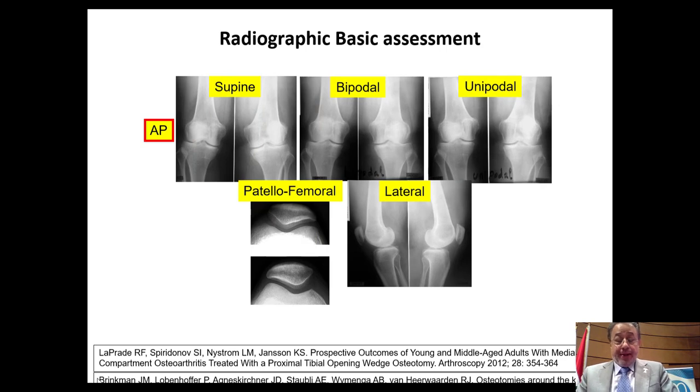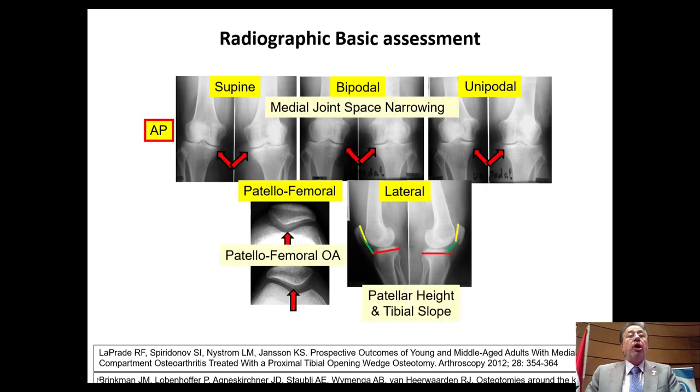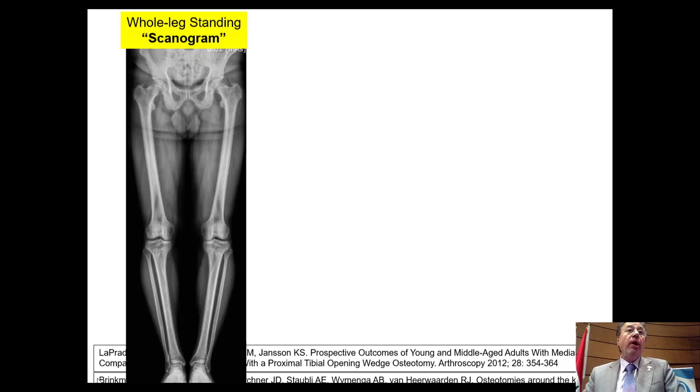What is recommended, and what I have done in my practice for more than 25 years now, are these views: an AP view in supine, bipodal stance, unipodal stance, the patellofemoral views, and the lateral view, in order to assess the medial joint space narrowing, the patellofemoral osteoarthritis, the height of the patella, and the posterior tibial slope.